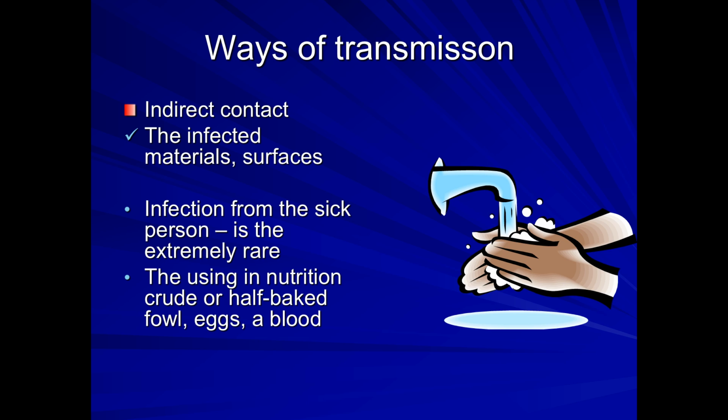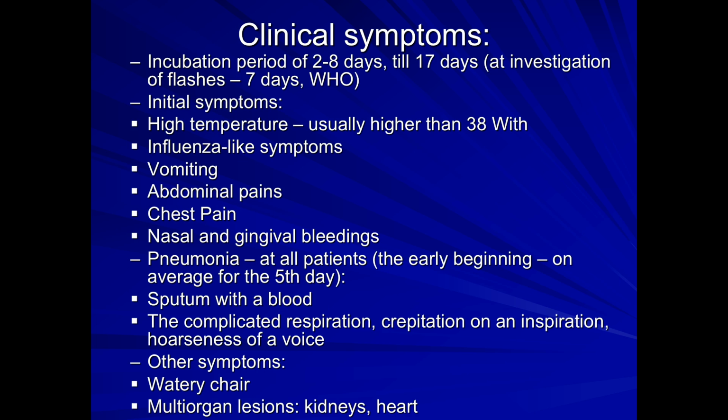Ways of transmission: indirect contact, the infected material surface. Infection from the sick person is extremely rare. Using in nutrition raw or half-baked poultry, eggs, and blood.